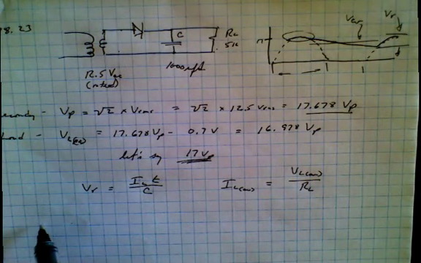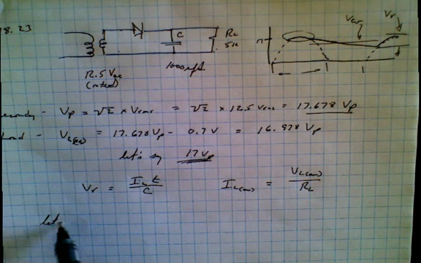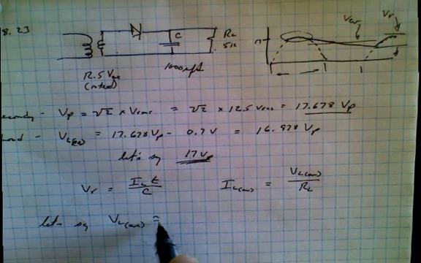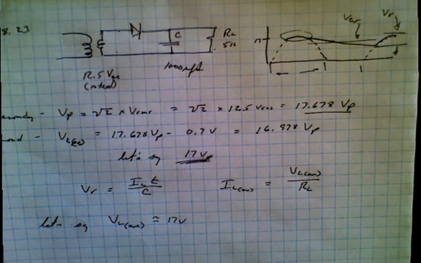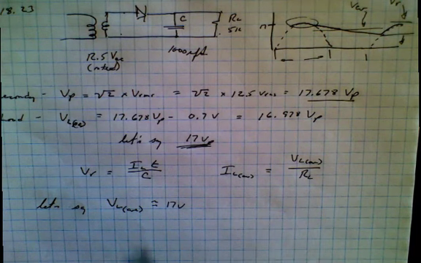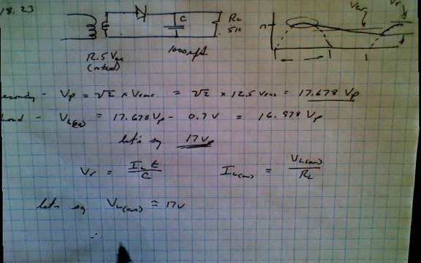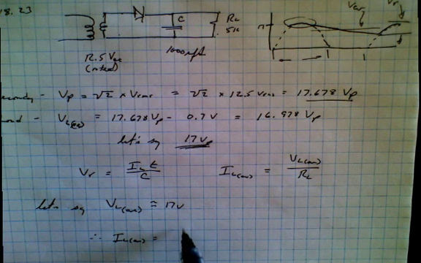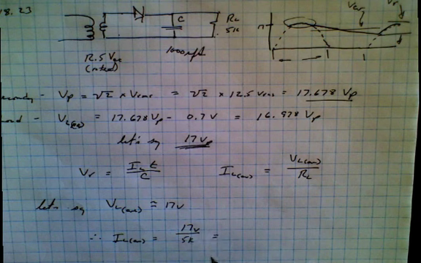So for the sake of argument, let's say the average load voltage is approximately equal to 17 volts. We know that that's not exactly true, but we'll say that it is for the time being. Knowing that, we can say that the average load current is equal to 17 volts divided by 5K, which is 3.4 milliamps.